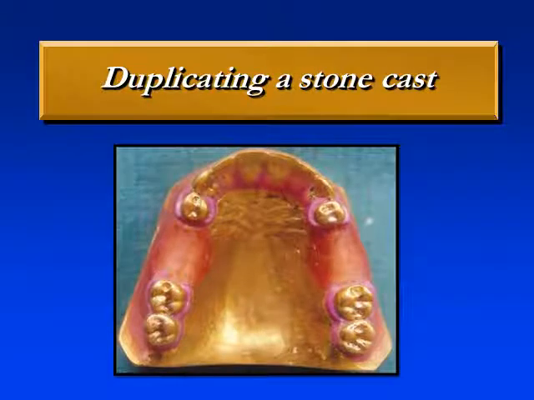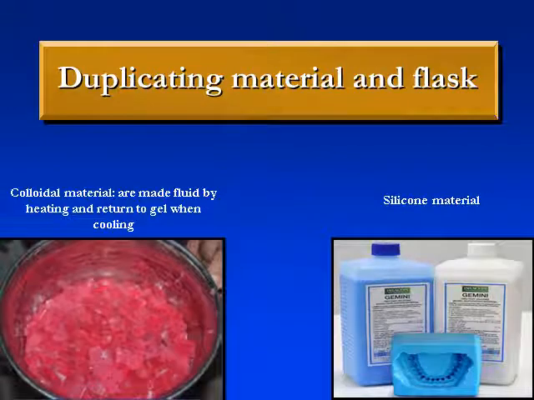Now, this is the stone cast with all the additions that have been done during the previous steps of the relief and blockout, ready for duplication. When we start to discuss the duplication procedure, we have the duplication materials and we have the duplication flask.